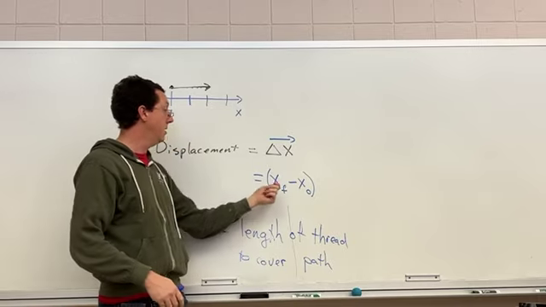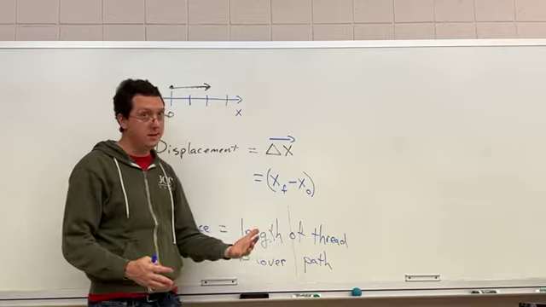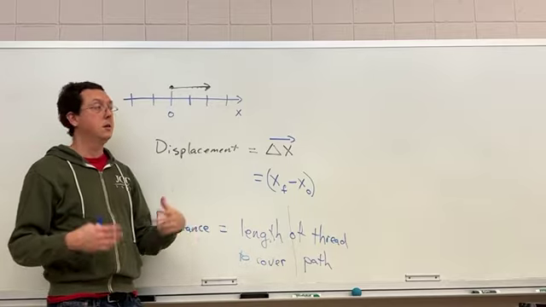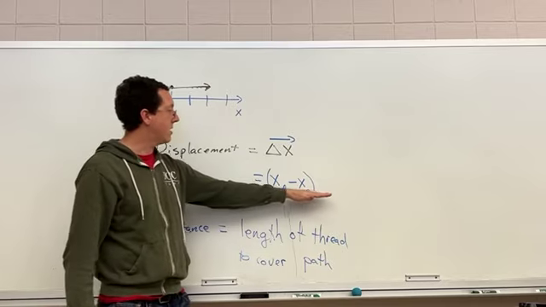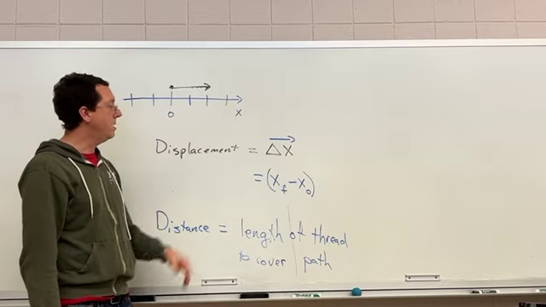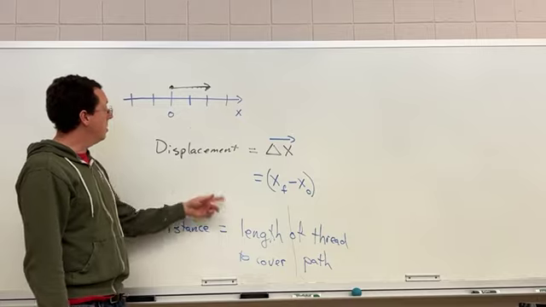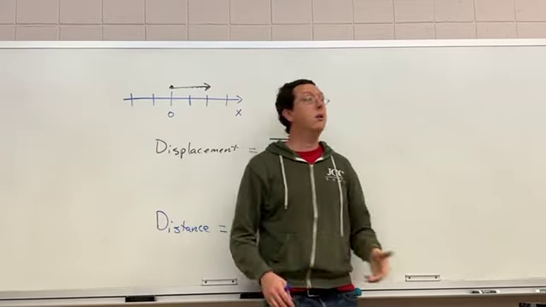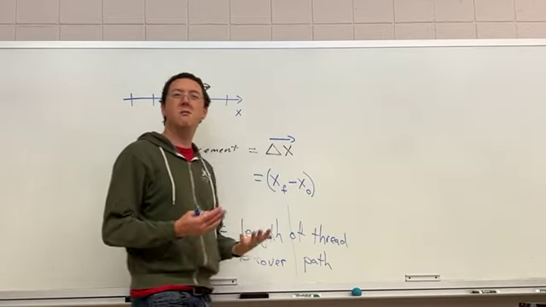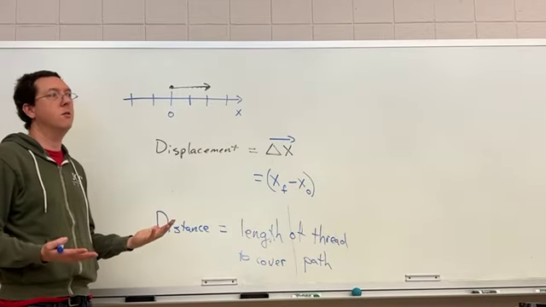I just plug it in: 2 minus 0 is 2. Technically there should be a unit vector there, but we're not going to get distracted by that. So 2 meters. What about the length of thread needed to cover this path? It also would be 2, but for a different reason, because it's a different quantity.